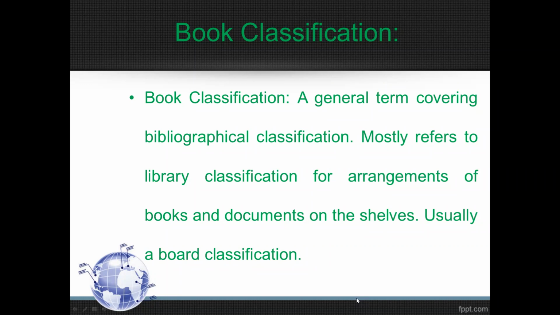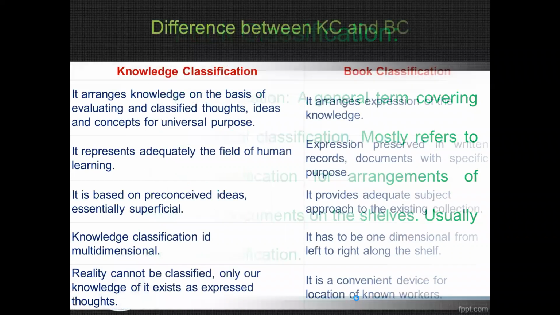So book classification or library classification, we use for arrangement of the library documents on the shelves and for retrieving also, because we have seen the purpose and need of library classification. So all things we saw in library classification, the need, purpose and functions, can be applied here.